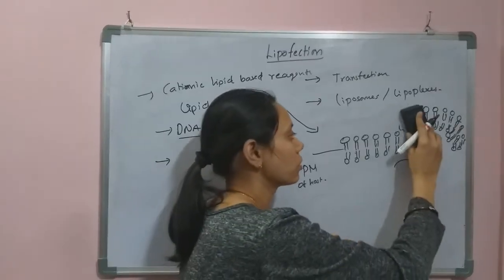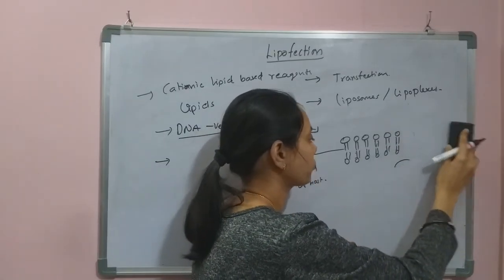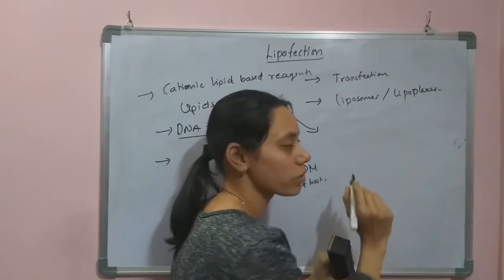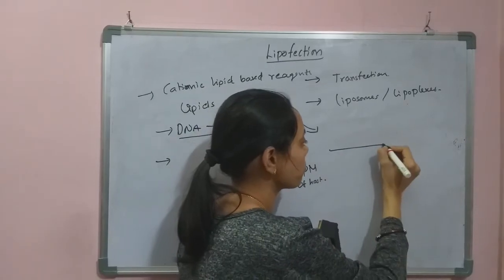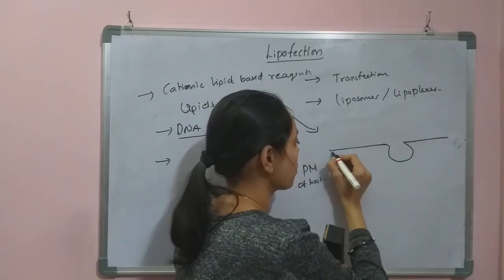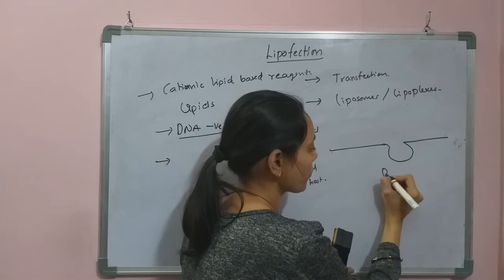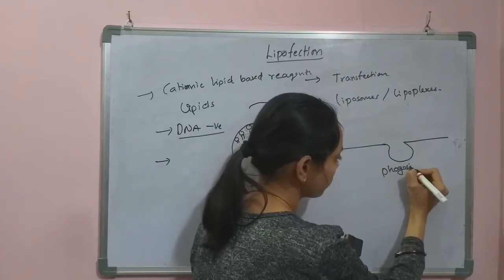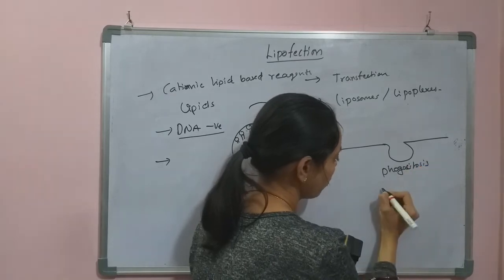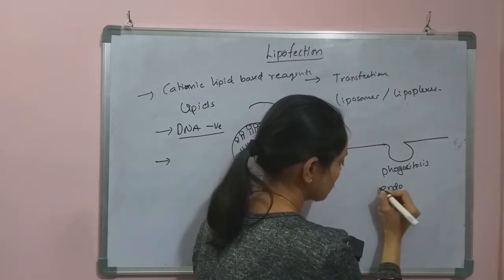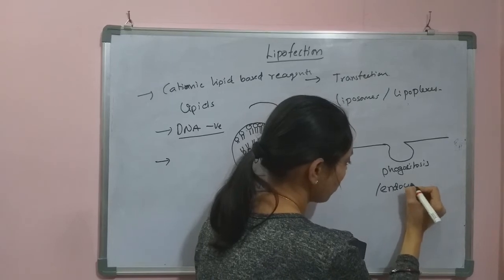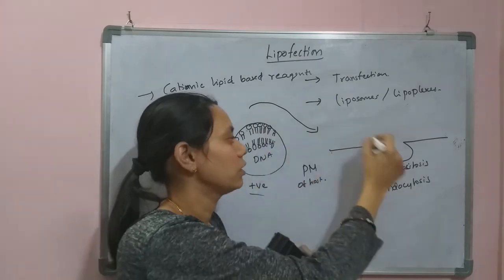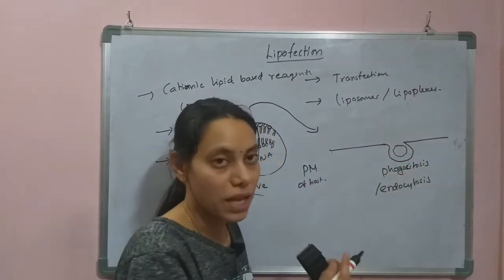Otherwise, they can also produce these vesicles, and the plasma membrane will take them up by phagocytosis, or we can say the endocytosis process will be carried out to take up this vesicle inside the plasma membrane.